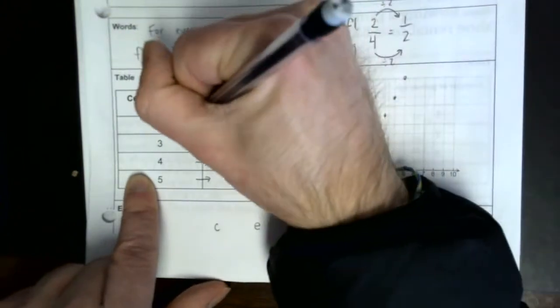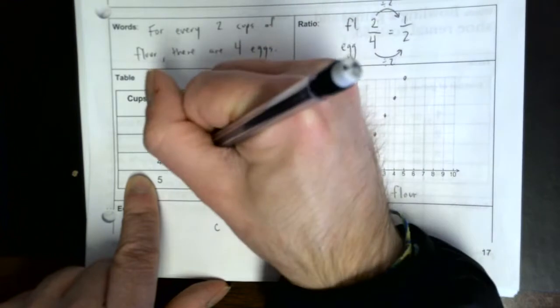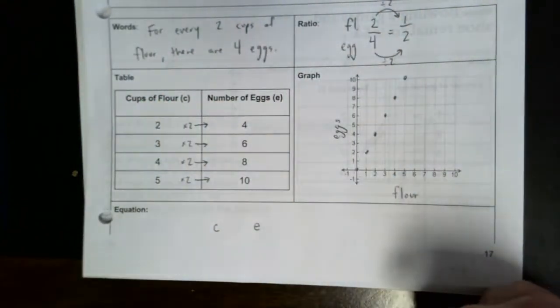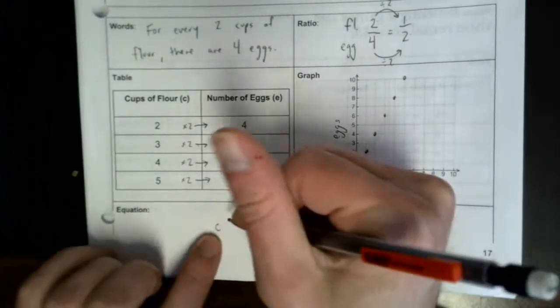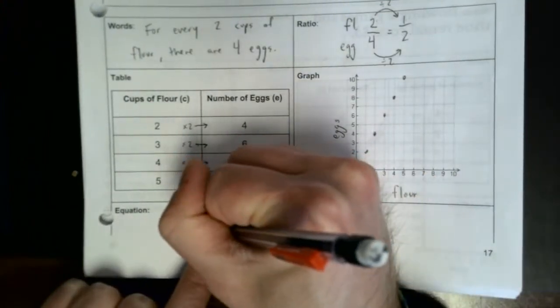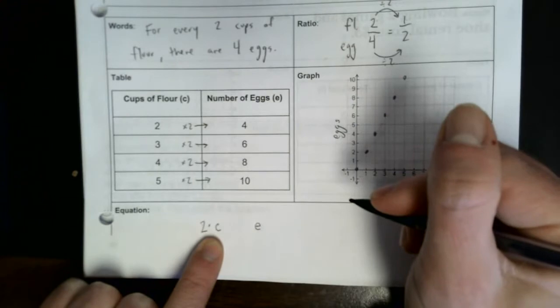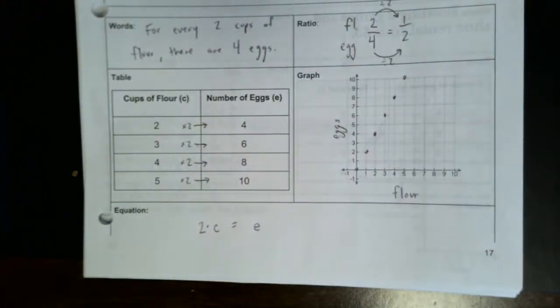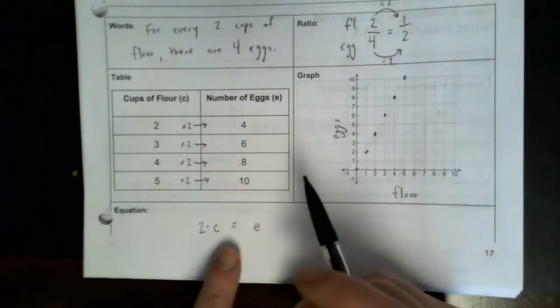Looks like we can multiply by 2 for each one of these. 2 times 2 is 4. 3 times 2 is 6. 4 times 2 is 8. 5 times 2 is 10. So the connection is, if we have cups and we multiply the number of cups of flour by 2, you get the number of eggs. So like, let's say I had 10 cups of flour.